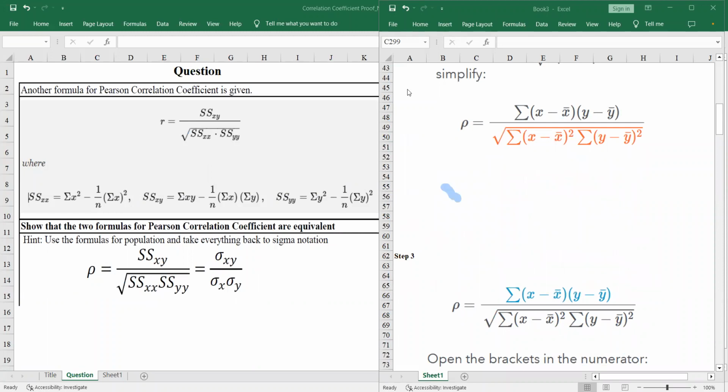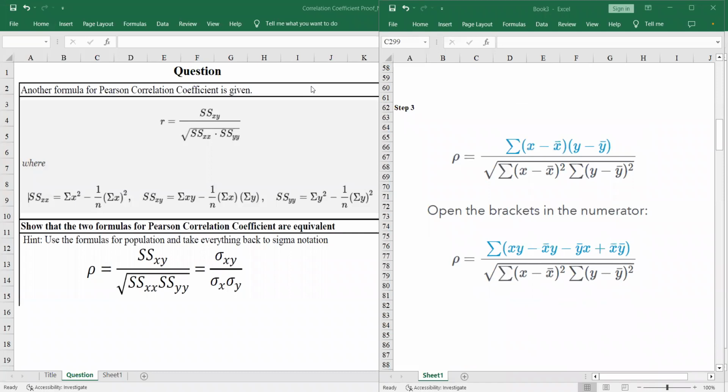In the next step, I opened this product between x minus x bar and y minus y bar. It's simple multiplication: x times y, x times y bar, x bar times y, and x bar times y bar. So we have 4 terms over here.